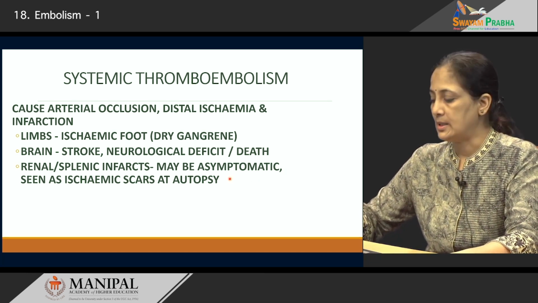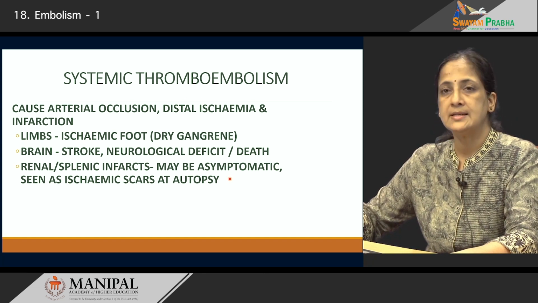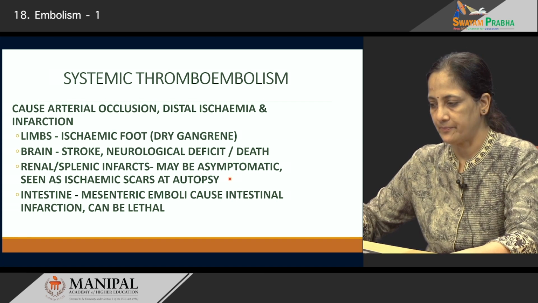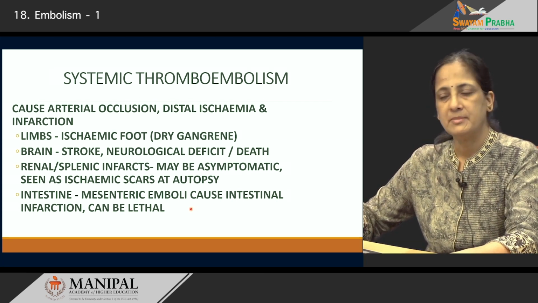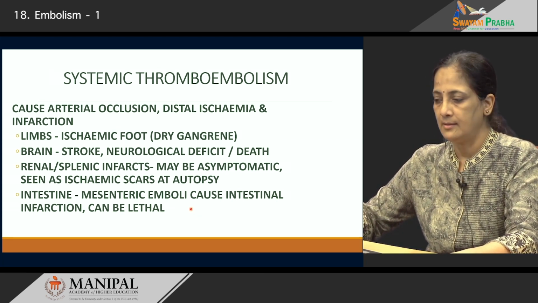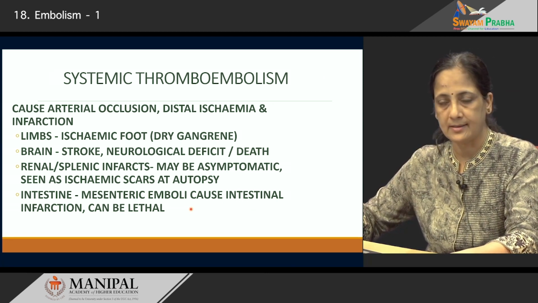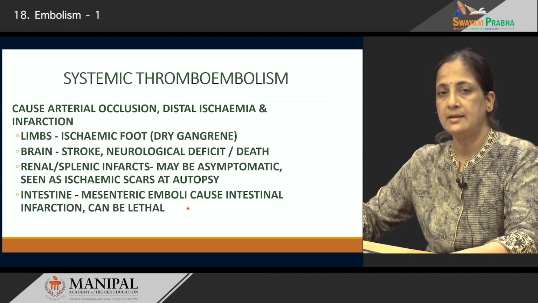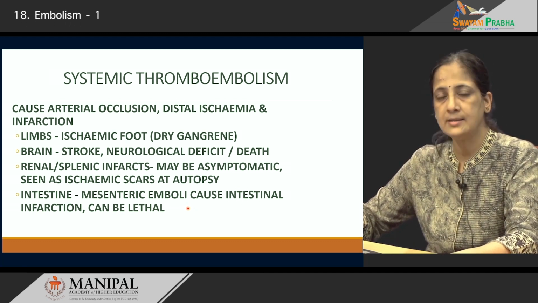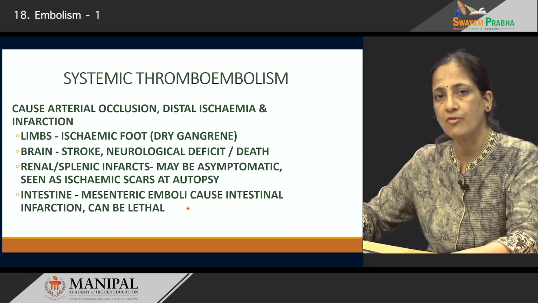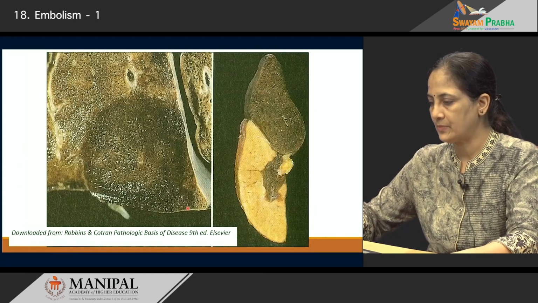The asymptomatic ones are usually detected as ischemic scars seen on autopsy examination. If mesenteric emboli occur, then the bowel will undergo infarction and gangrene. This can be lethal and requires emergency surgical intervention and excision of the necrosed segment.